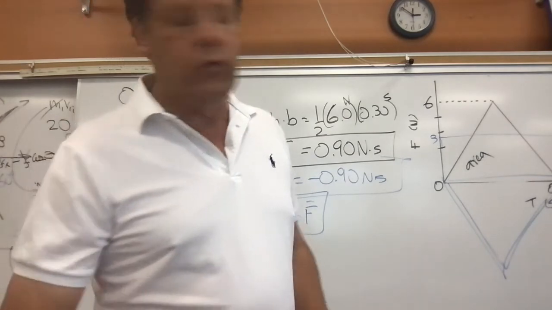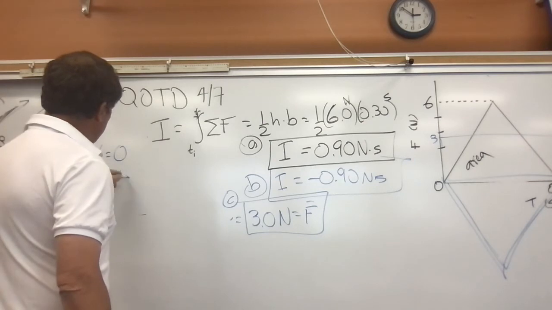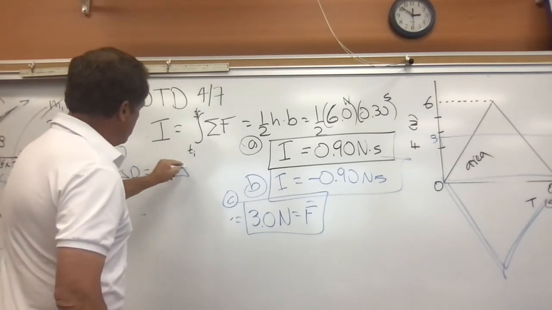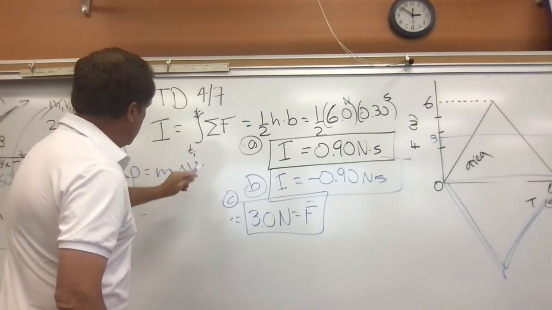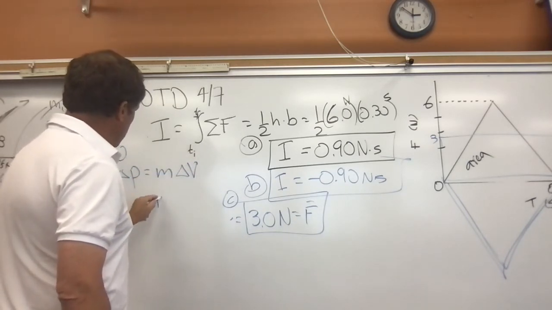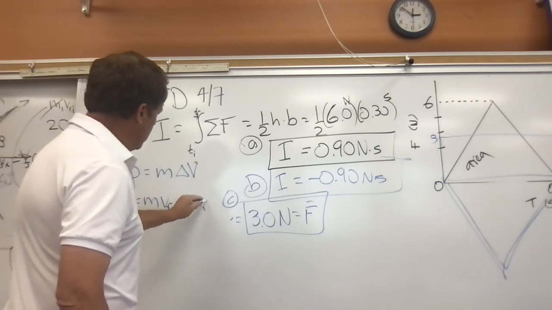Okay, so we know that impulse is equal to the change in momentum, which would be mass times the change in velocity, which would equal mass times v final minus mass times v initial.